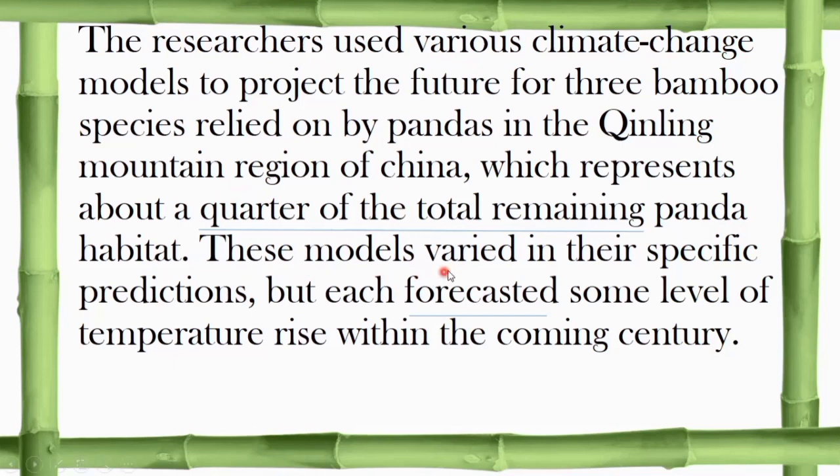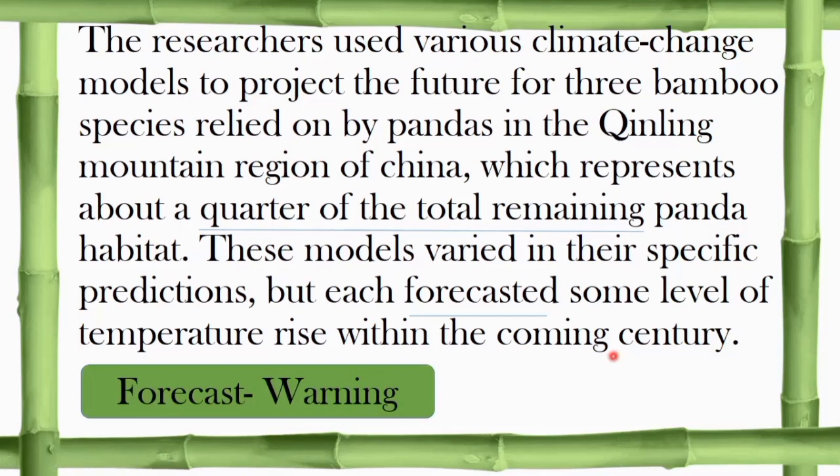These models varied in their specific predictions, but each forecasted some level of temperature rise within the coming century. Different research members presented different models, but each one has given the warning of temperature rise.